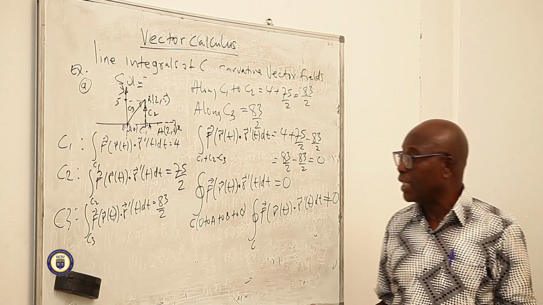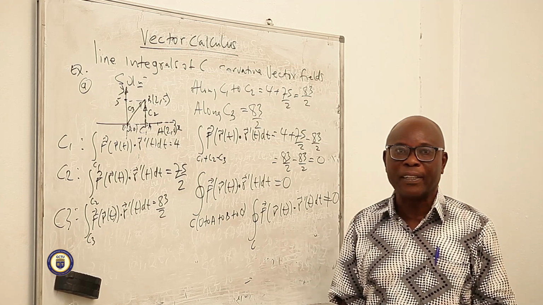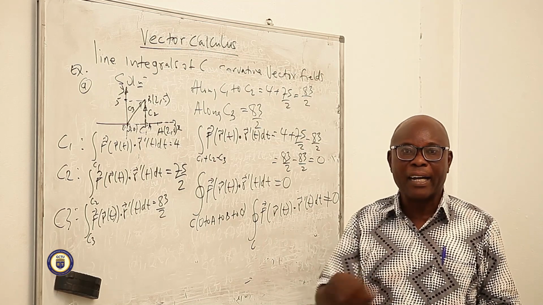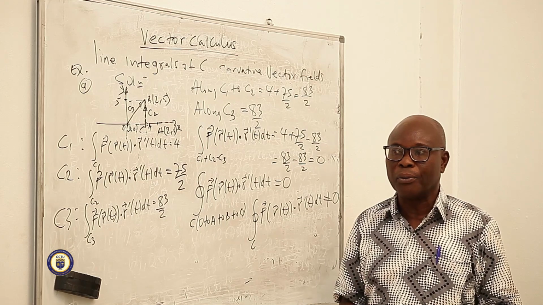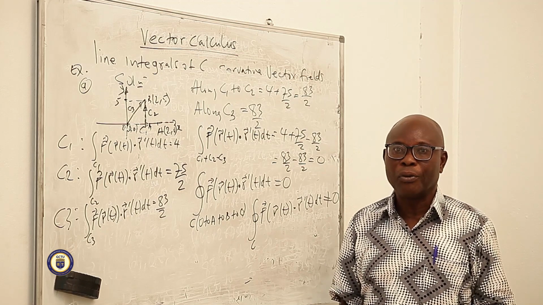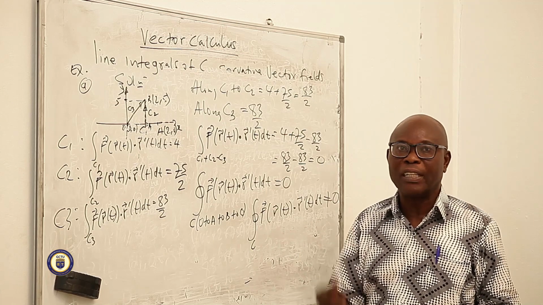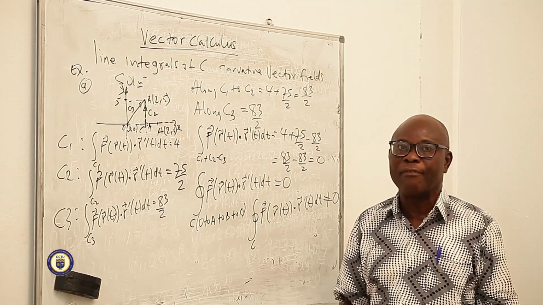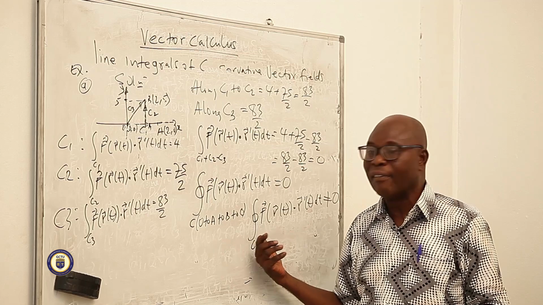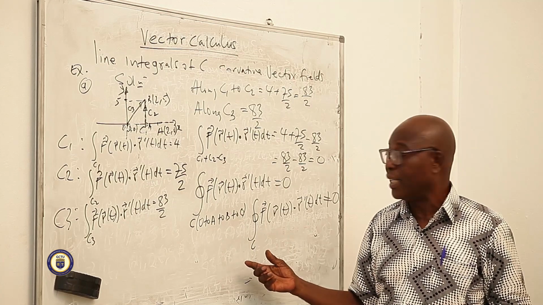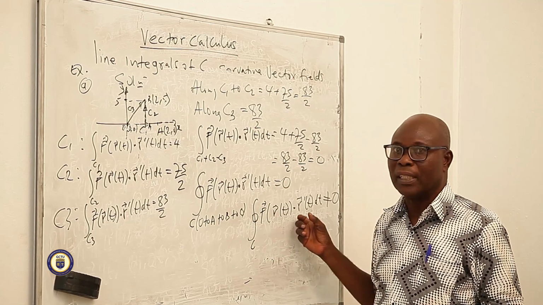But let's take note, if F is a conservative vector field, then the line integral along a closed path becomes 0. It is not 0 if F is any other vector field, then you will never get the line integral along a closed path which is 0.